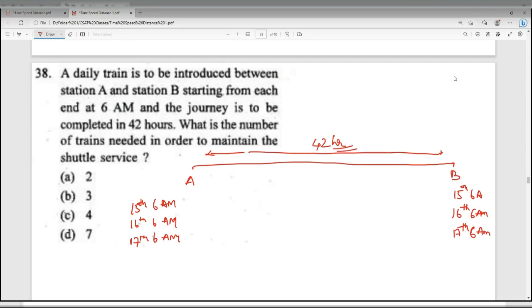So let's assume that today, 15th morning, a train has left from here and another train has left from here.